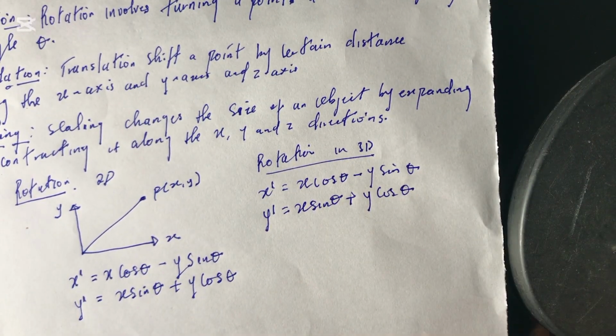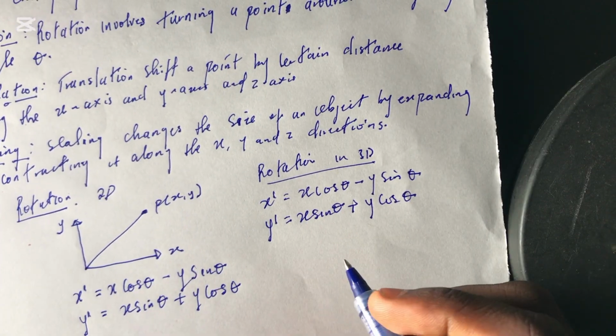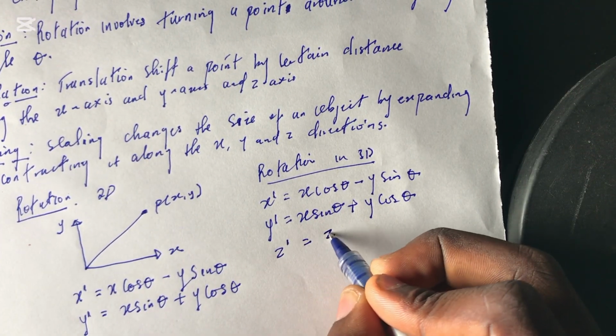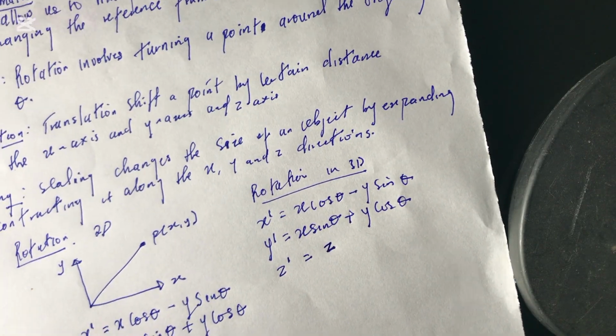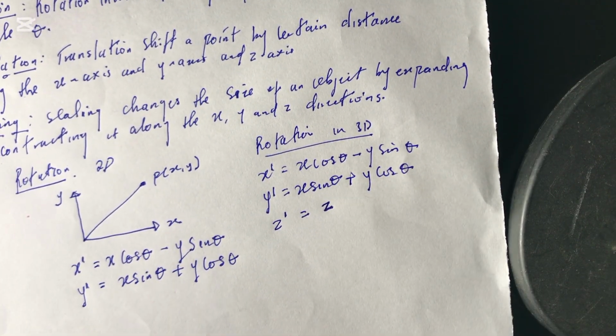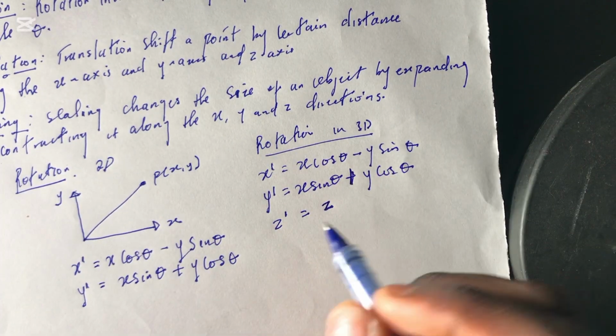Then for the z part, we just write z prime equals z. It doesn't change. So this is the formula for rotation in two dimension and rotation in three dimension. Now let's move to the next one.